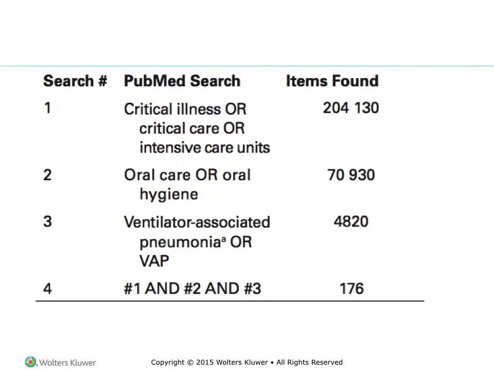I don't know what the two numbers are. And so as you're doing your searches, jot down what your keywords were, what your Boolean phrase was, and how many results you got.